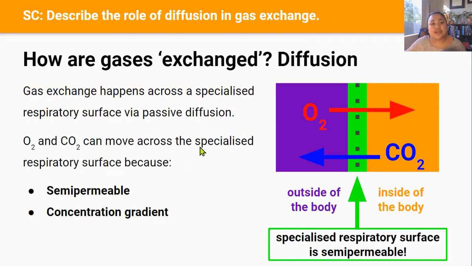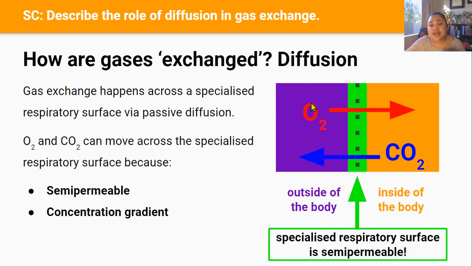For oxygen and carbon dioxide molecules to be able to move across this specialized respiratory surface, this surface must be semi-permeable. We've come across this word semi-permeable before, and it means that certain molecules can go in and out of this membrane. For diffusion to happen, there must also be a concentration gradient on either side of the membrane.